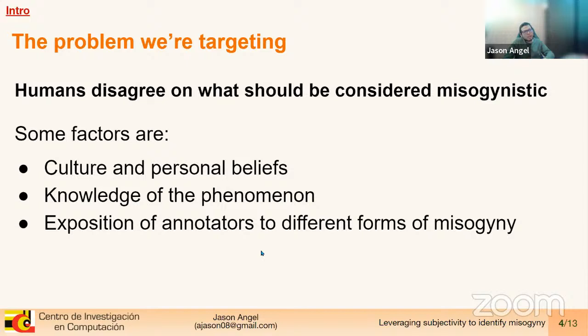Also, there could be different types of misogyny, or someone could be exposed mostly to specific types of misogyny and ignore the rest. For example, some are very subtle. In those cases, it is hard to figure out what is misogynistic content.